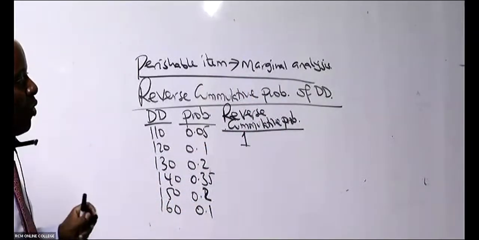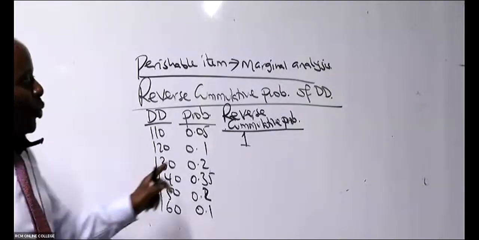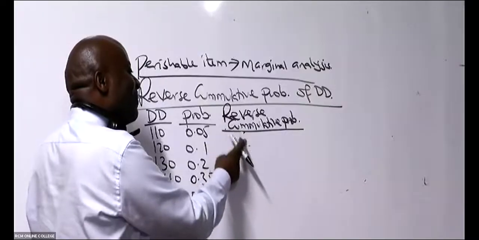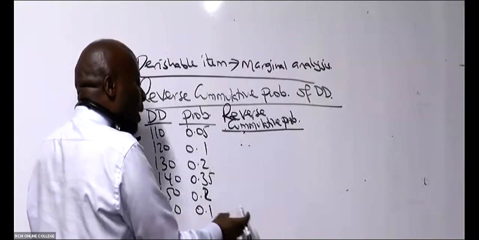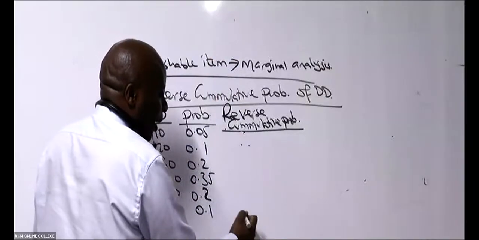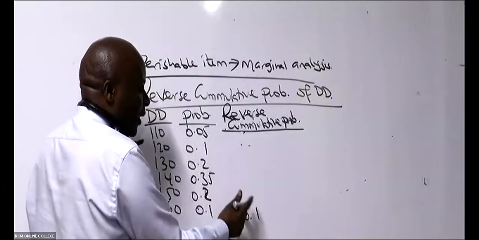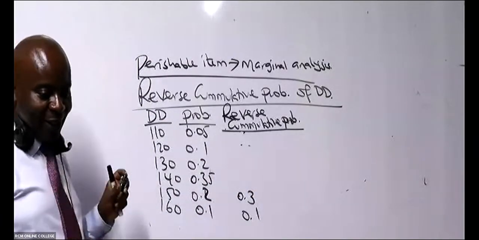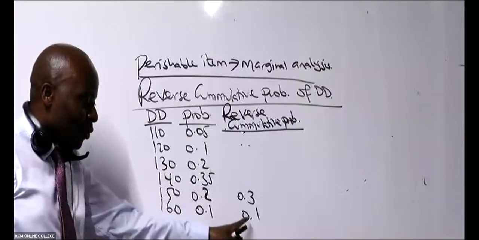The easiest way of remembering this: if it's a perishable good, always get your cumulative probabilities, but from down here, reverse. So this one here will be 0.1. 0.2 plus 0.1, somebody talk to me, is 0.3. So reverse, you start from down here.